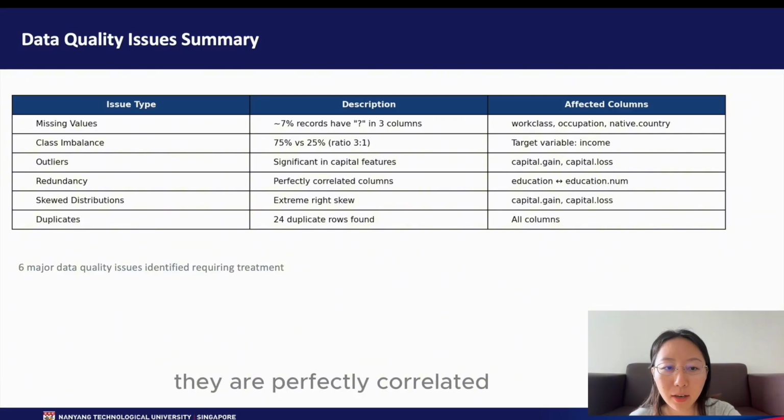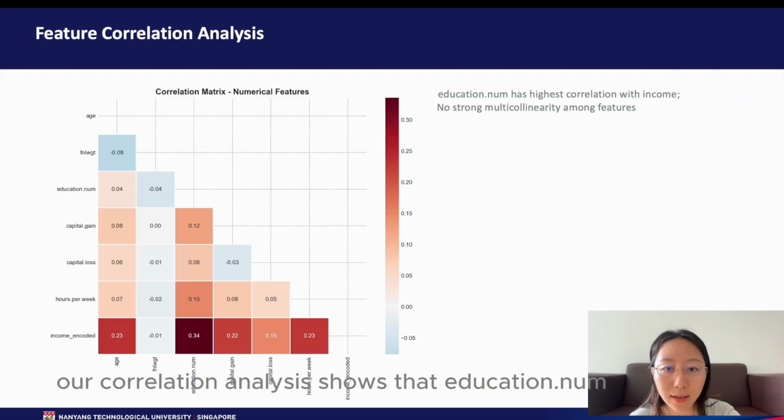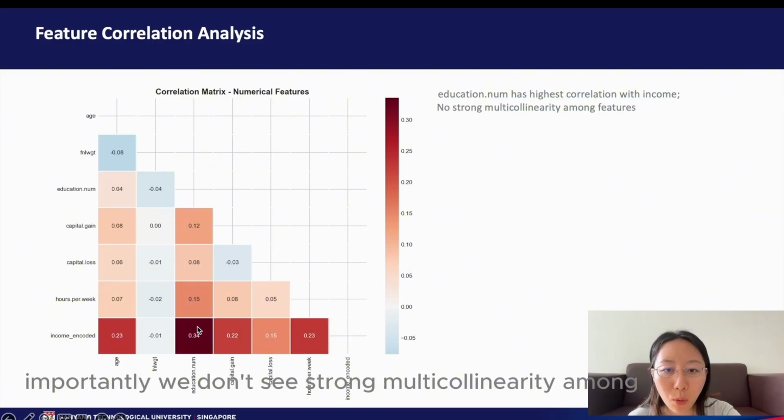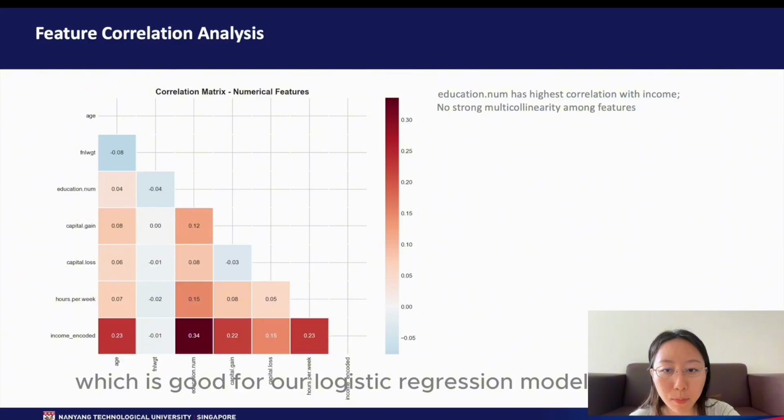They are perfectly correlated, and we found duplicate rows in the dataset. Our correlation analysis shows that education num has the highest positive correlation with income. Importantly, we don't see strong multicollinearity among numerical features, which is good for our logistic regression model.